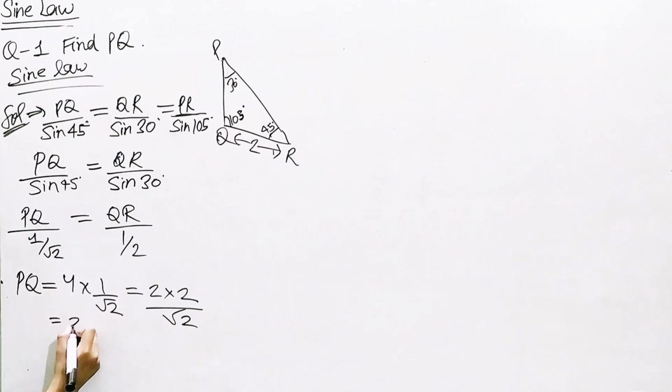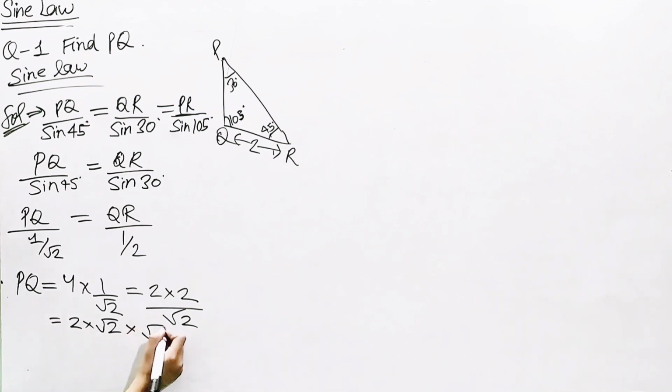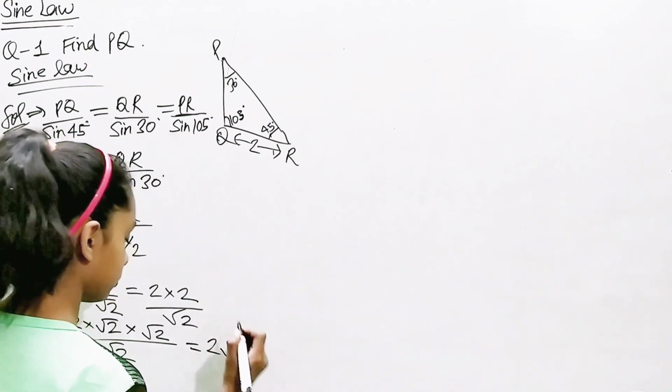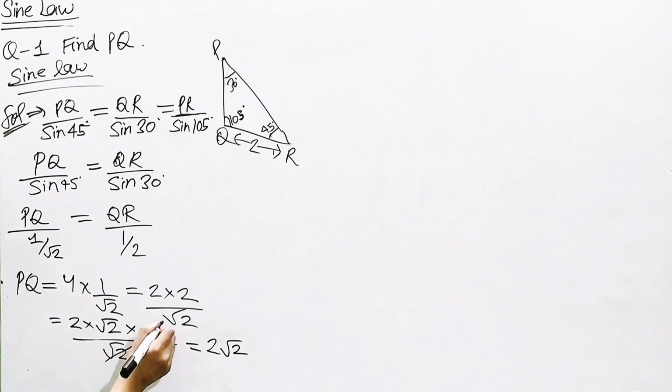Let me solve it first. 2 into root 2 into root 2 by root 2 equals 2 root 2. Let me explain how I solved it.